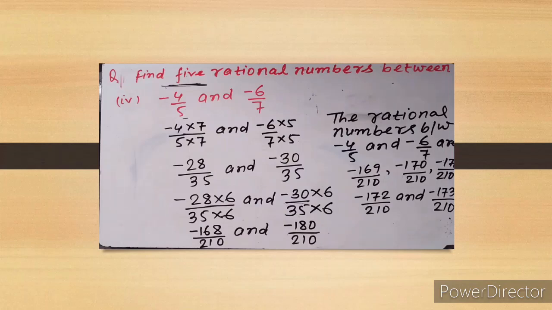So, my dear students, I have discussed with you all types of questions on finding rational numbers between rational numbers. Now I am going to give you some practice sums of this type, and then I will discuss with you how to represent rational numbers on the number line.